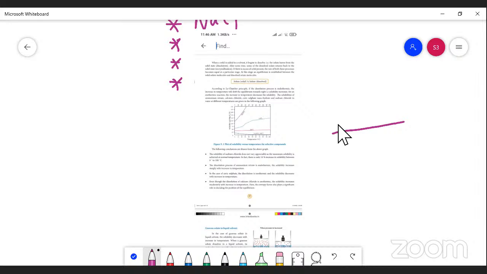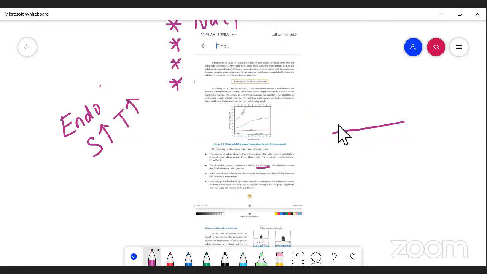If we take the dissolution process of ammonium nitrate, it is endothermic in nature. As I said earlier, in an endothermic process, solubility increases with increasing temperature.